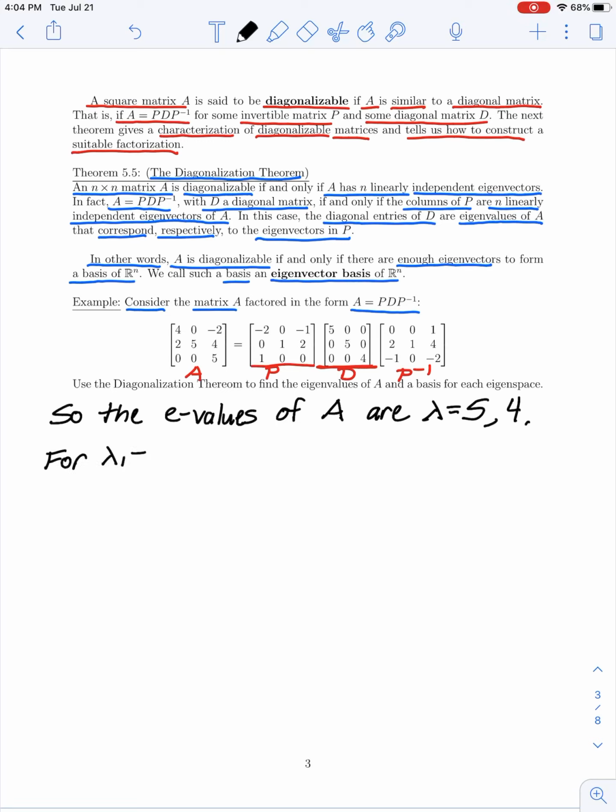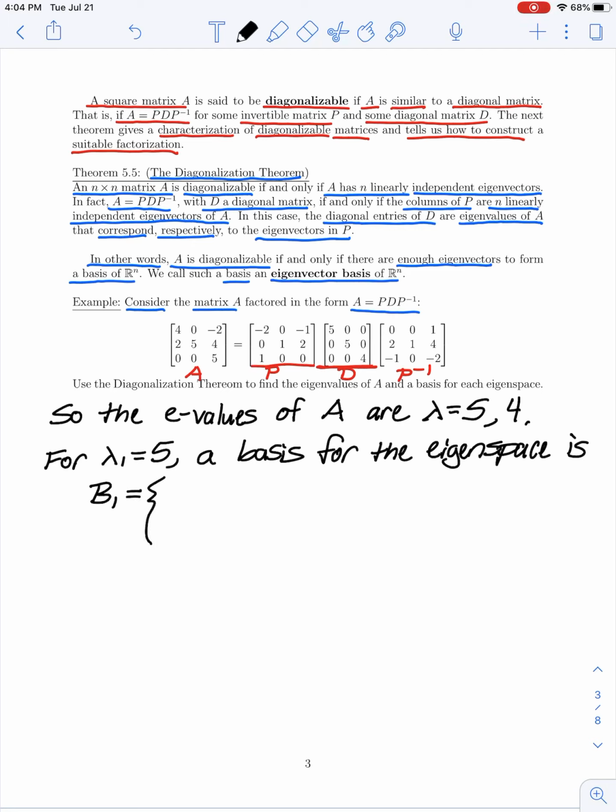For the eigenvalue lambda 1 equals 5, a basis for the eigenspace is, let me call it B1, the set of the first two vectors from P. Now, why the first two? Well, 5 was an eigenvalue of multiplicity 2.